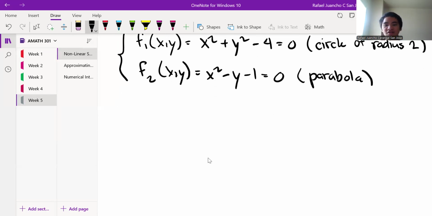So I want to find the intersection of these two. Now, what we can do is solve this algebraically, but then we have square roots to deal with. So it's kind of impossible-ish, right? So here's what I'm going to do.